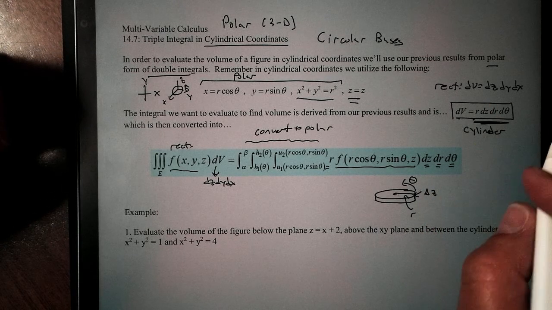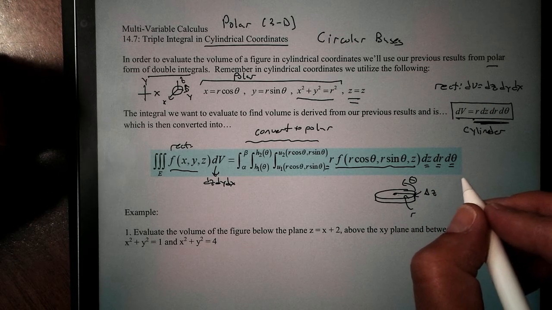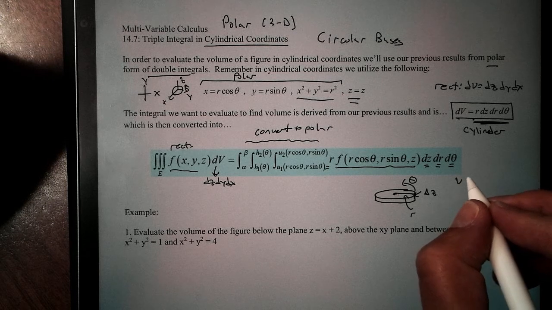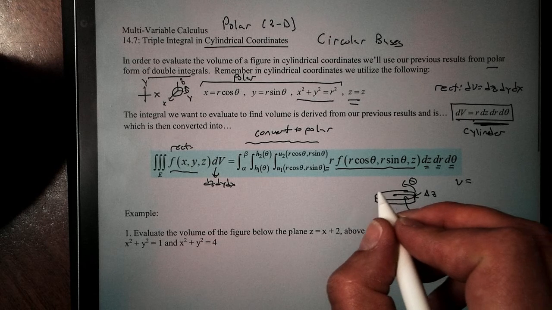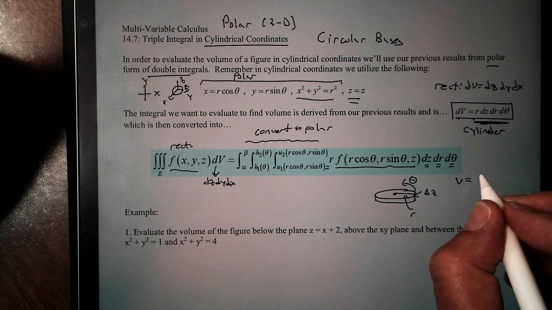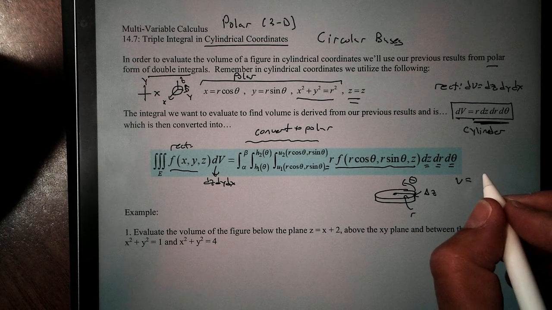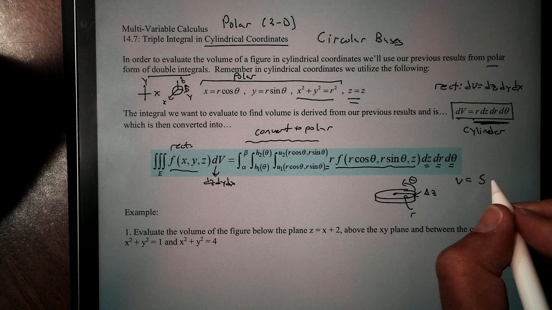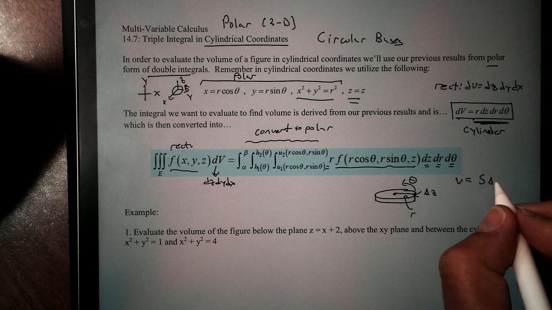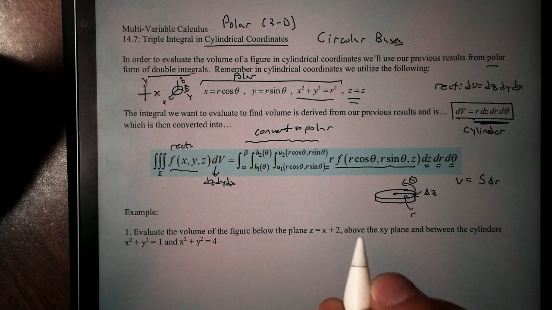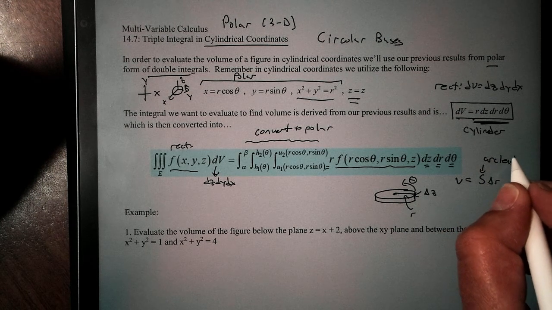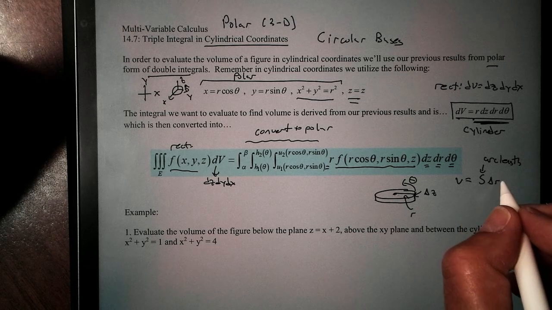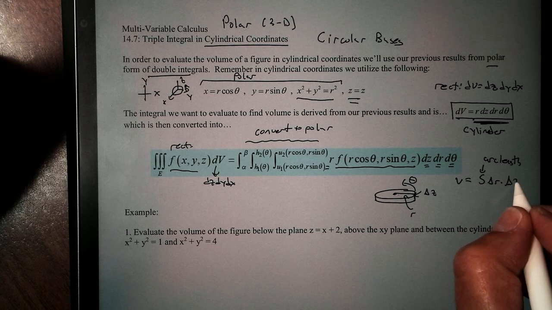So how do we get this equation right here? Well, we talked about this earlier. If I want to find the volume, I look at the area of the base, which is our circle, which earlier we said was our arc length, S, times delta r. You can look at a previous video where we talked about this. There's our arc length, S, times the change in r, and to get the volume, we just multiply that by delta z.